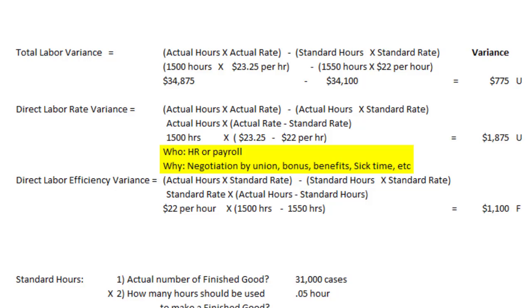In this case, let's say, for example, that some employees became sick on the line, and so the supervisors stepped in to take over for those employees. Well, the supervisors maybe make more per hour, and so that caused a variance between what was expected to be paid and what was actually paid to manufacture those potato chips.